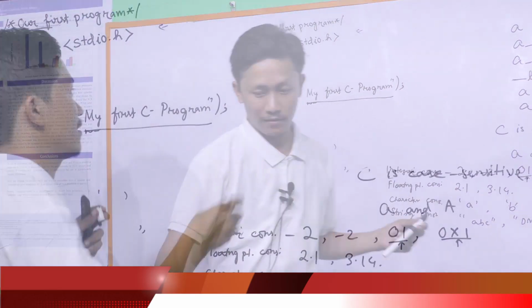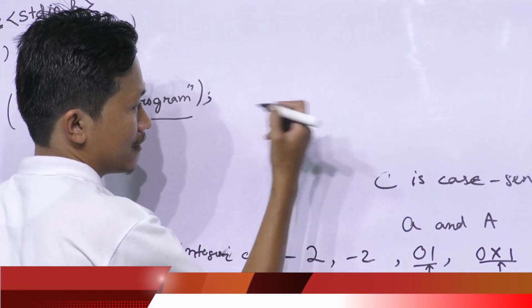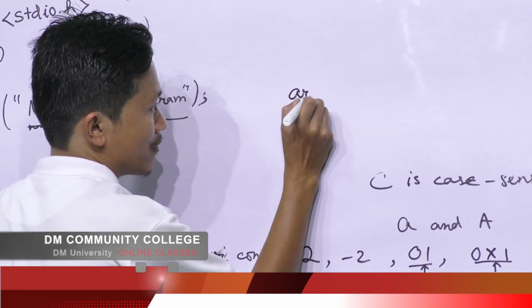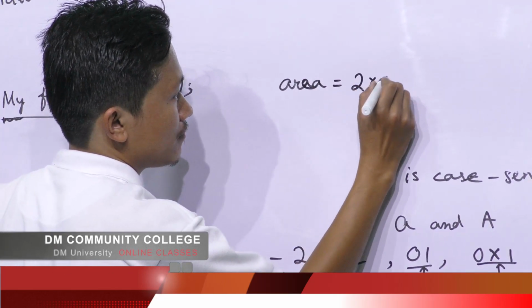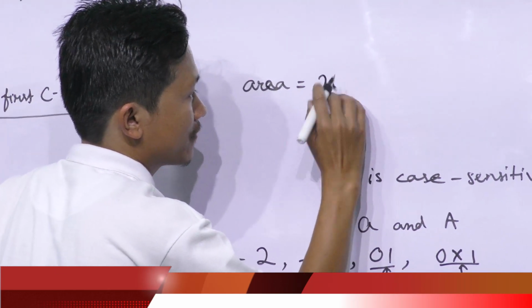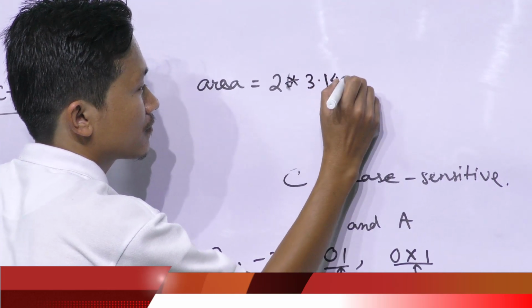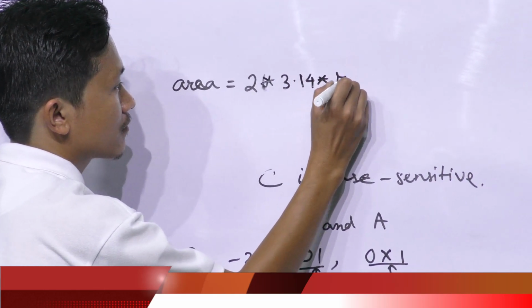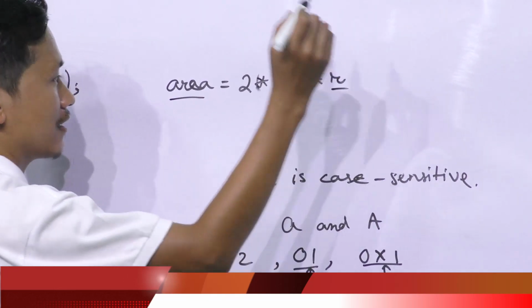For example, if we are calculating the area of a circle, this asterisk sign denotes multiplication in C. Here we are using 2 variables, one is area and the other is r.